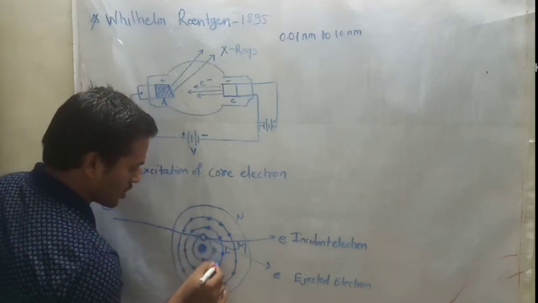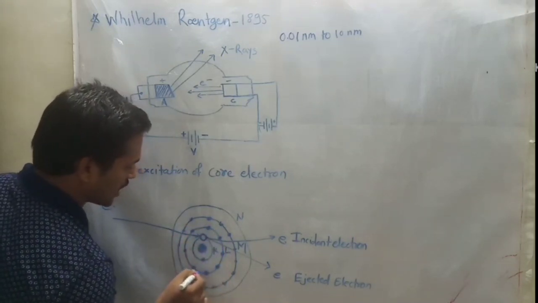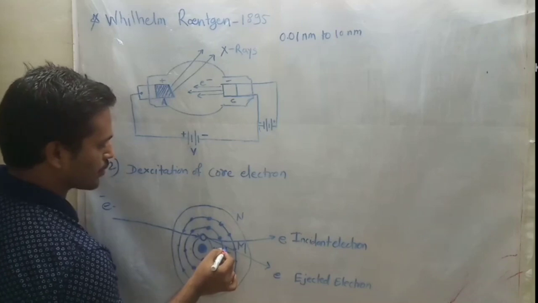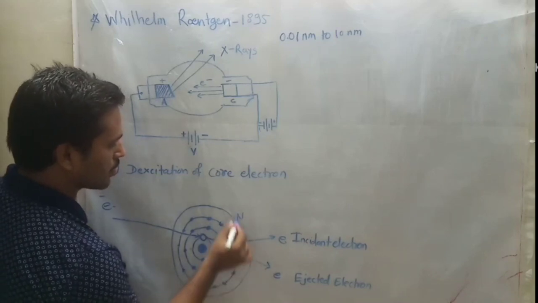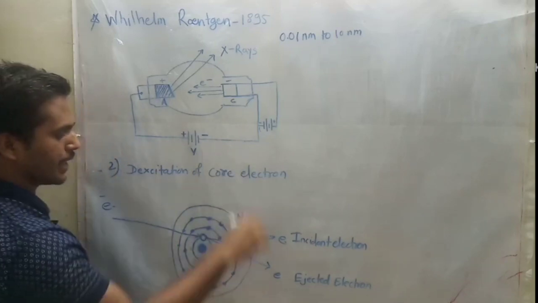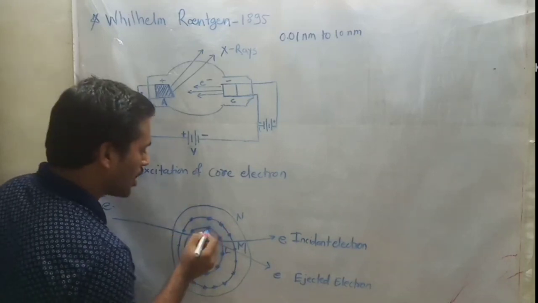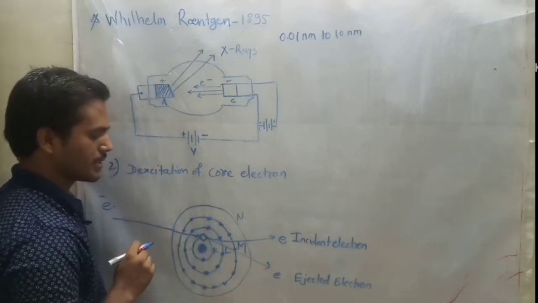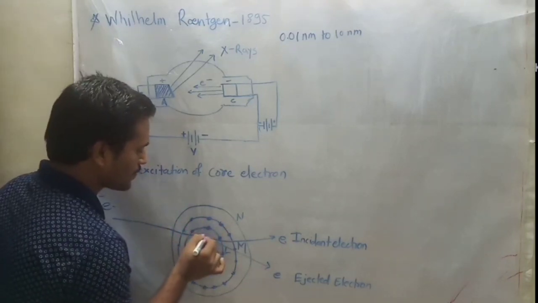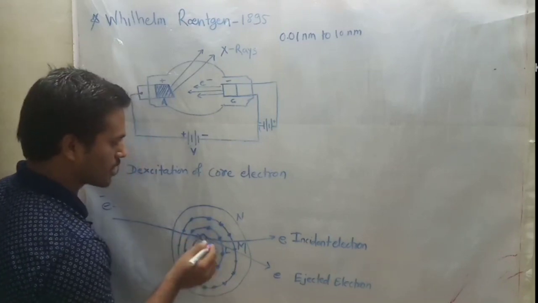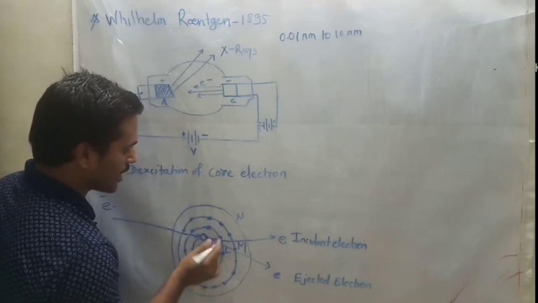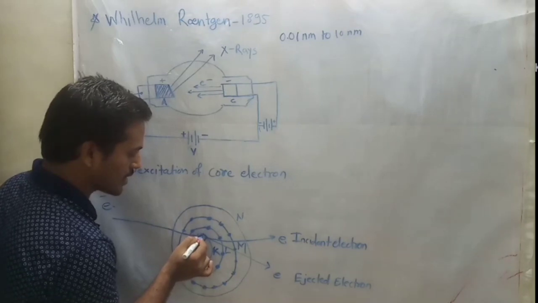Outer shell electrons, from the L, M, N, O, P shells, drop into this vacancy, trying to occupy this hole.